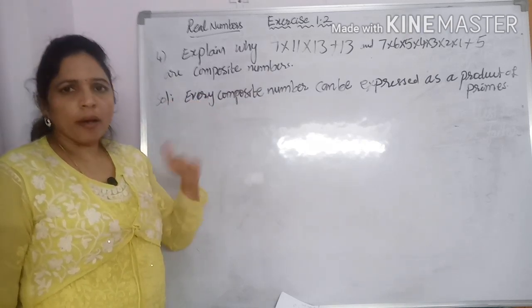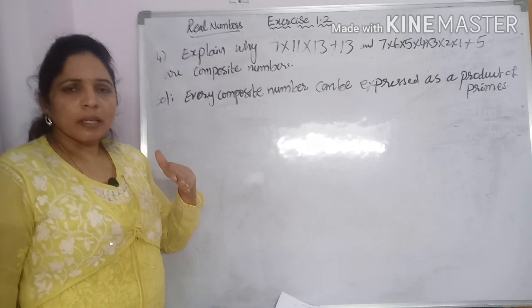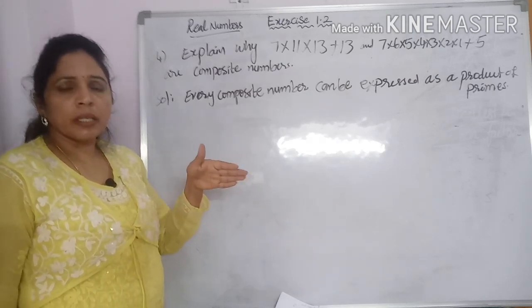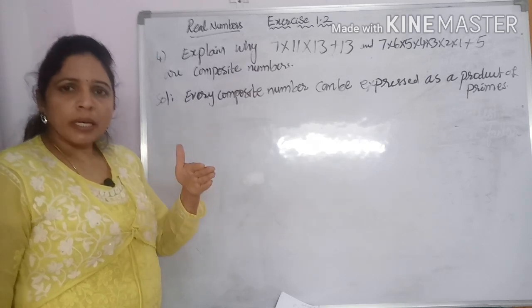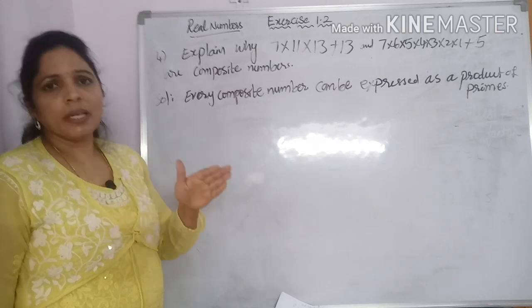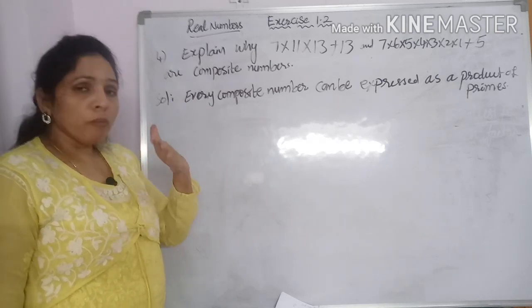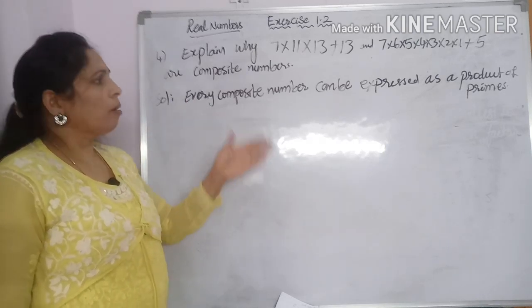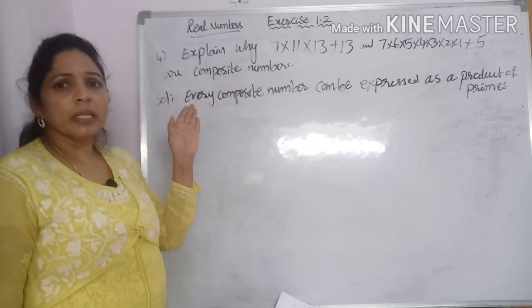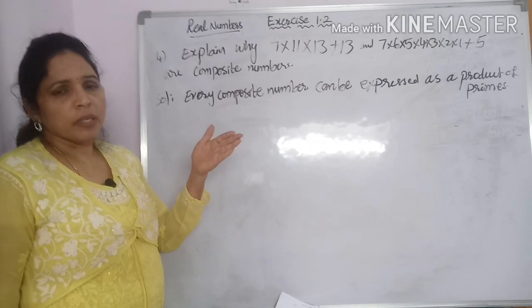Let us take 6 as a composite number. The factors of 6 are 1, 2, 3 and 6. That is more than 2 factors, that means it is a composite number. Composite numbers are the numbers remaining except 1 and the prime numbers.